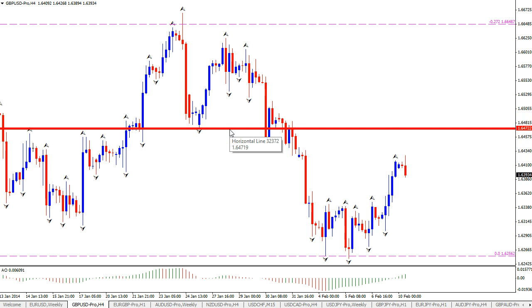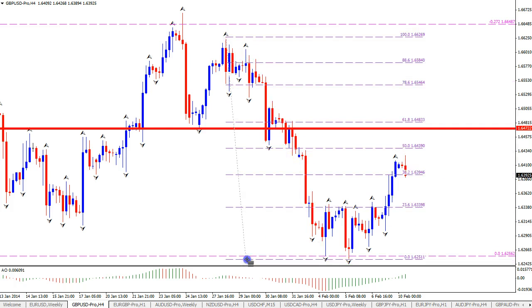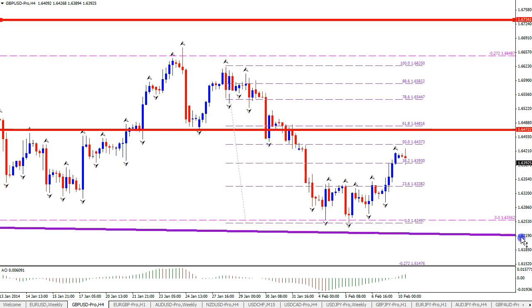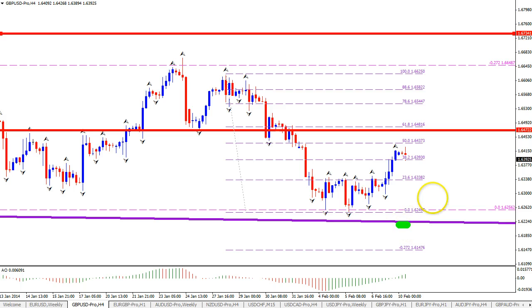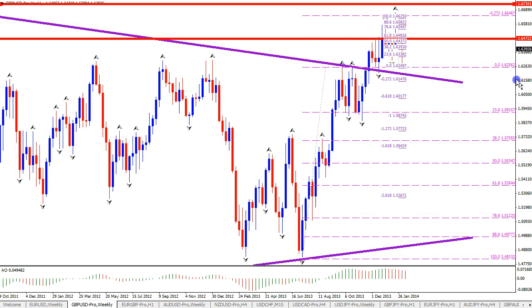If that bottom is broken, there's a good chance that we can continue the upside and retest at least these tops. If not, then there's a pretty decent chance that this is just a retracement for more downside, and we could see maybe the break of the weekly trend line, for instance, right? Break of this trend line for lower targets on the pound dollar.